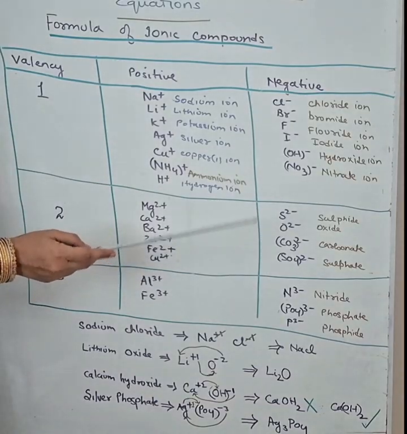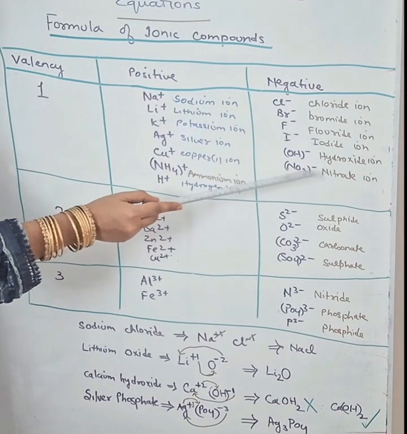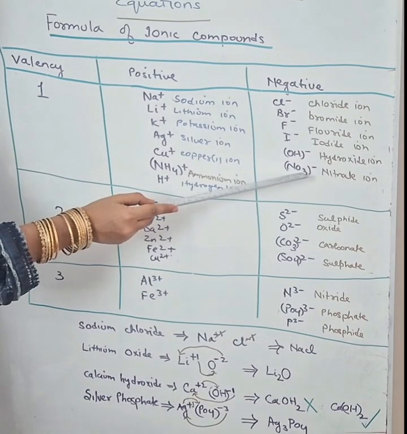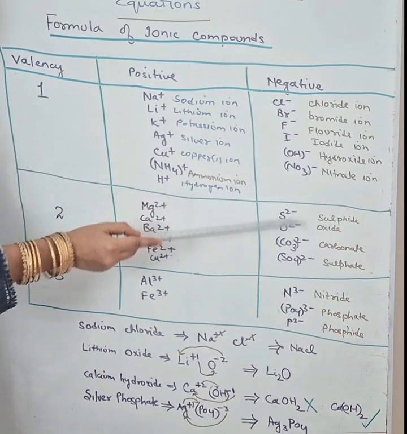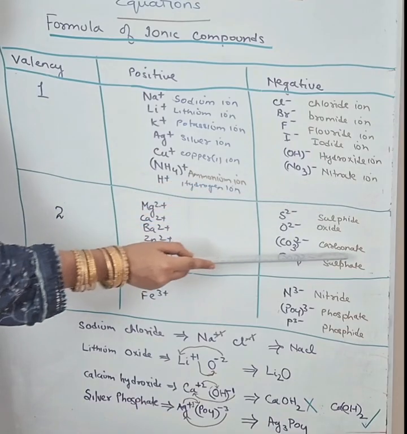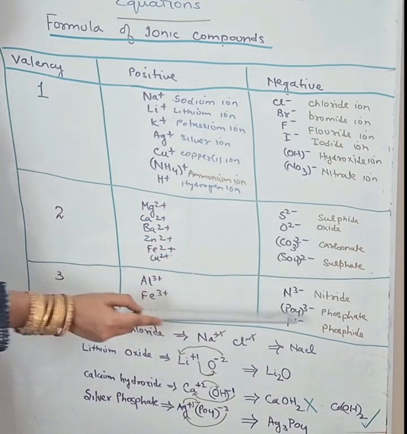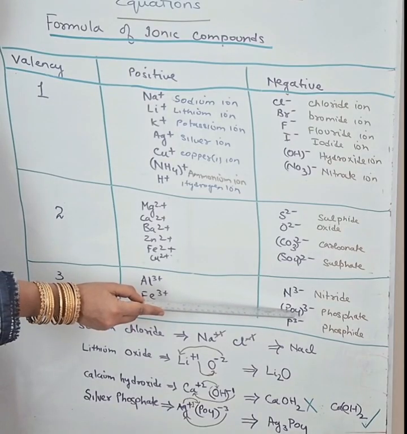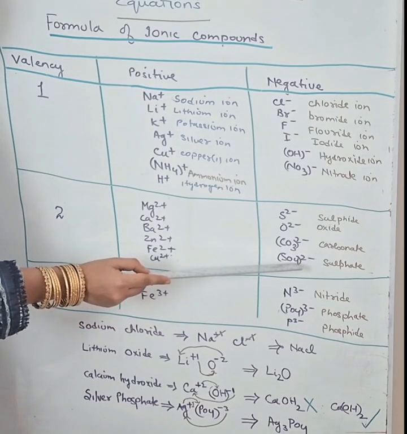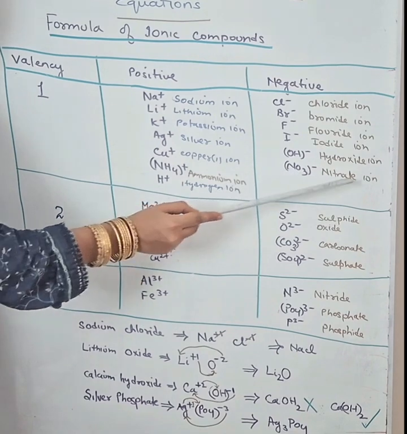Okay, now you can understand here, if a negative ion is made up of more than one type of atom and oxygen is present, then its name ends with ate, like nitrate ion, carbonate ion, sulfate ion, phosphate ion. Here, along with phosphorus, oxygen is present, along with sulfur, oxygen is present, along with carbon, oxygen is present, along with nitrogen, oxygen is present.